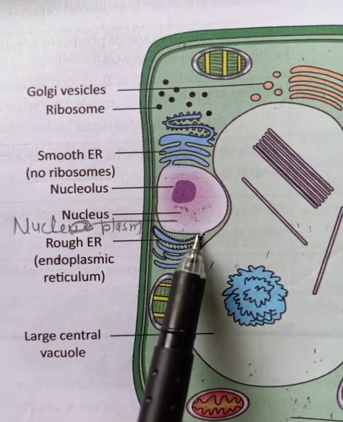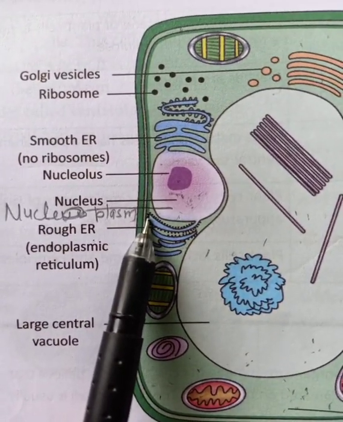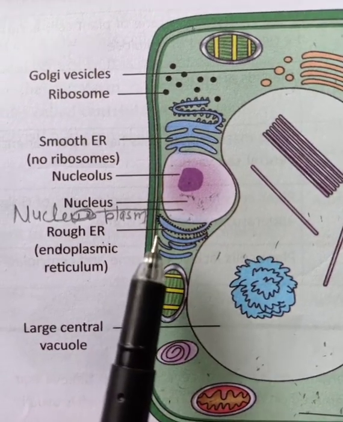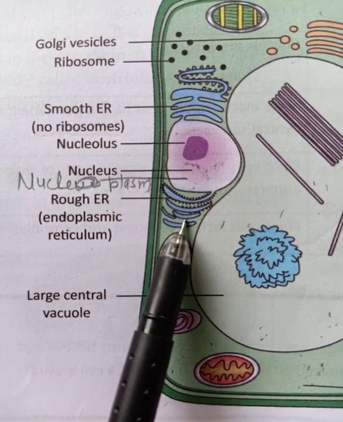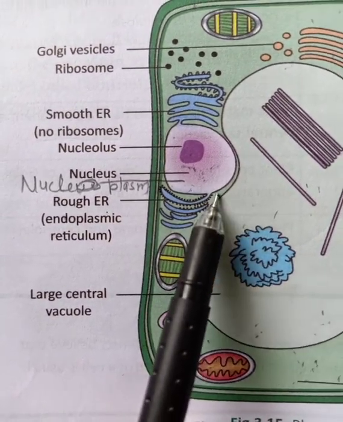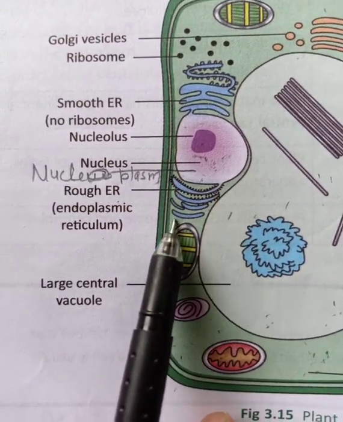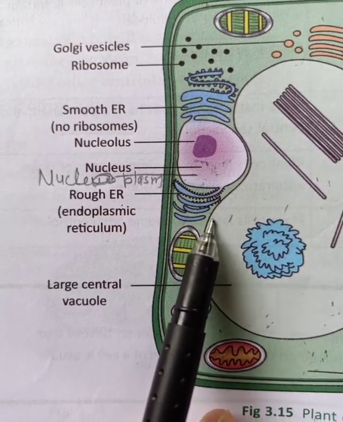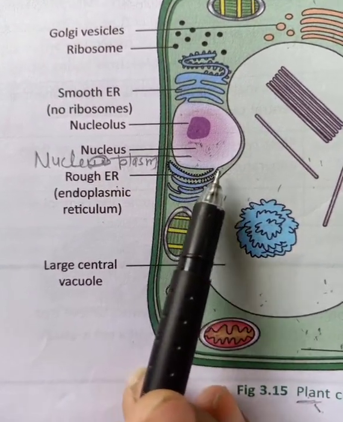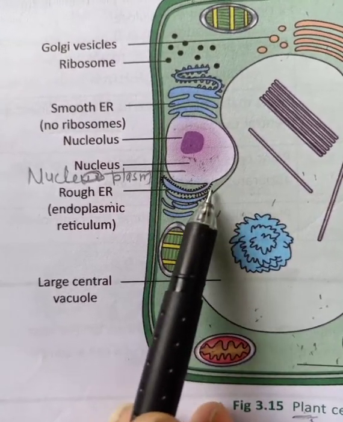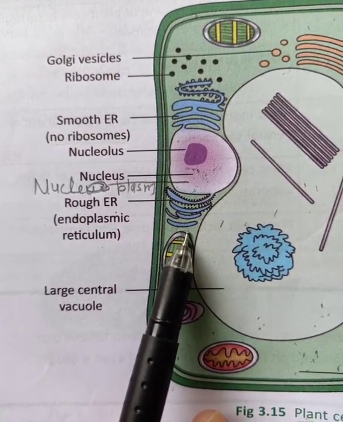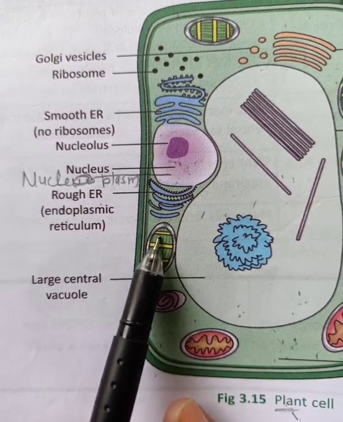But what is the function of these ribosomes? These are a very important part of the cell. These are very minute structures in the cytoplasm. You can see outside this, the greenish part is the cytoplasm. They are attached to the outer wall of the endoplasmic reticulum, but they are present in the cytoplasm.